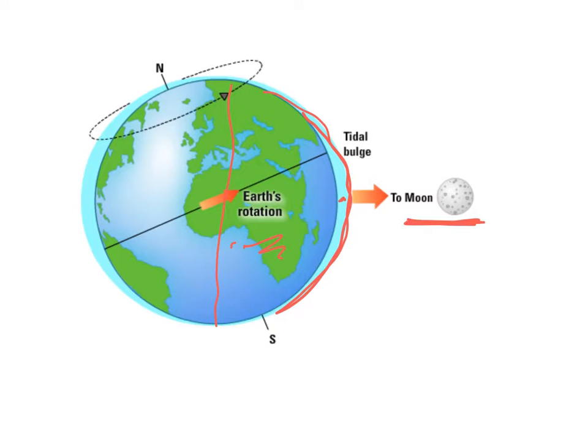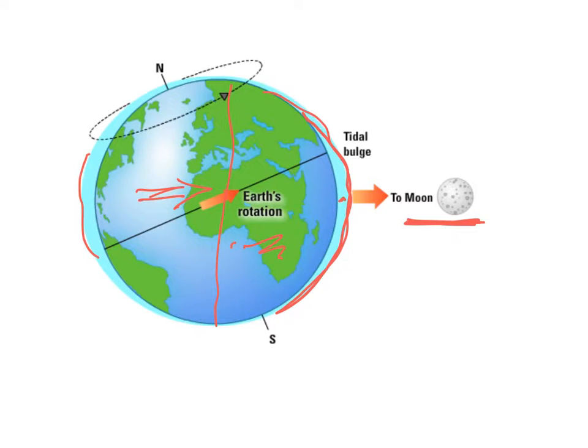Now on the opposite side, we also notice there's this bulge. And the reason we have a bulge on this side is because the earth itself has been pulled and left some water behind. So we have the tidal bulge on the side of the moon from where the water's being attracted, and then this tidal bulge on the opposite side of the earth where the earth is being attracted and left the water behind.